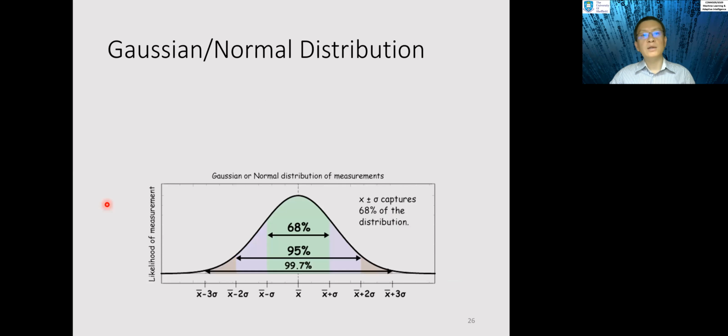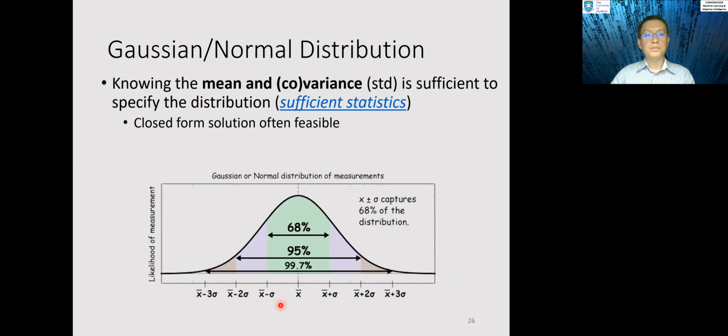So we can see that the Gaussian distribution, which is also called the normal distribution, is very useful and convenient. This is because for Gaussian distributions, we only need to know their mean and their variance or covariance.